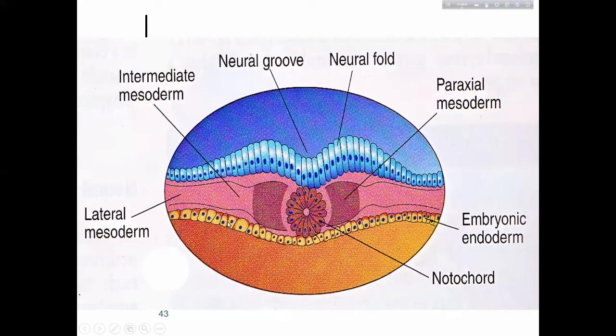Here is the yolk sac, and here is the embryonic endoderm. So what happens? Due to the notochord, this area thickens to form the neural plate. Due to invagination of these epithelial cells, it forms a groove, the neural groove. The edges of the neural plate thicken, here and here, to form neural folds.